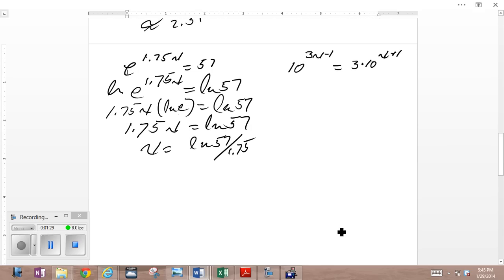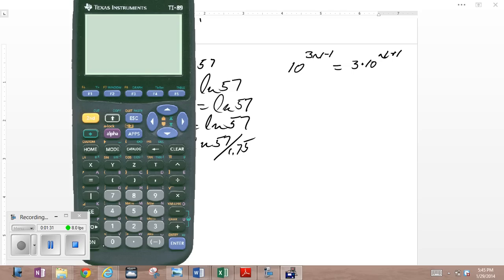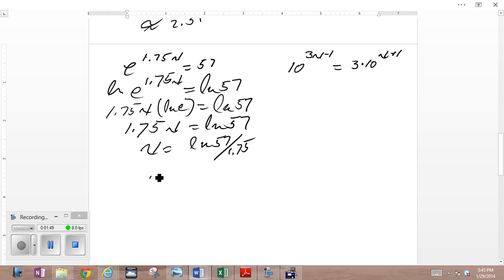With your calculator, we find the natural log of 57 divided by 1.75, and lo and behold, we get a value of 2.31. So x is equal to 2.31.